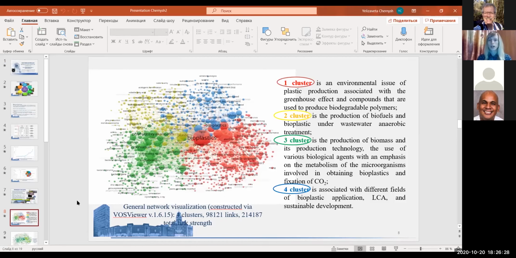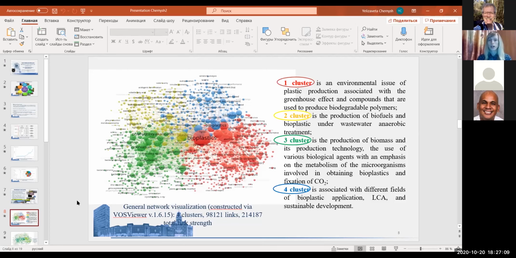Okay, thank you. And some specific question, maybe you know. It is very interesting that you selected exactly this slide. I would like to ask how exactly VOSviewer works with the Scopus database? Does VOSviewer take information from Scopus and visualize it? Is it right? Yes, I take statistical data from the Scopus database.